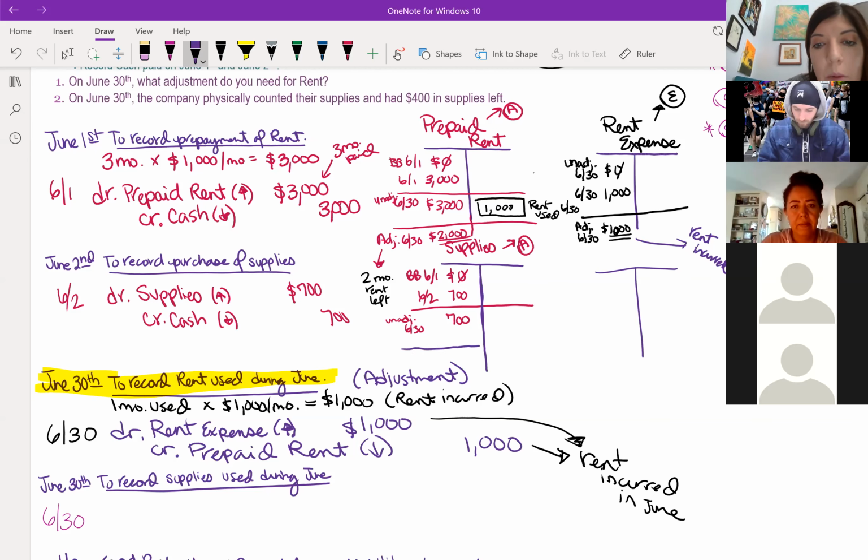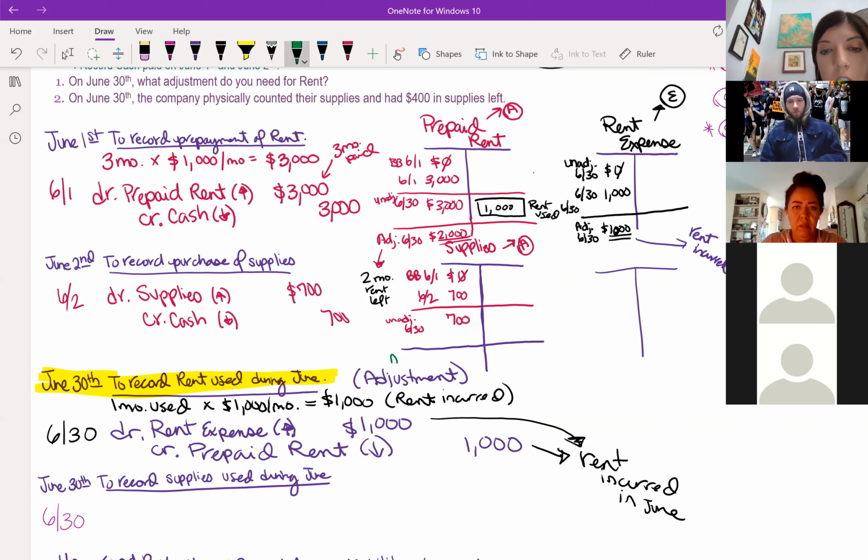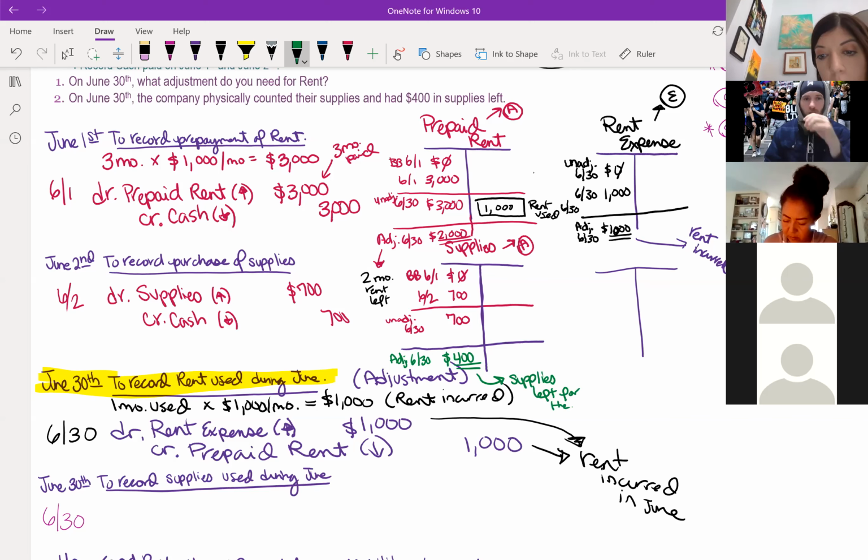Yes, the ending balance. So my adjusted balance, my ending balance, needs to be equal to $400. The supplies left for the future.